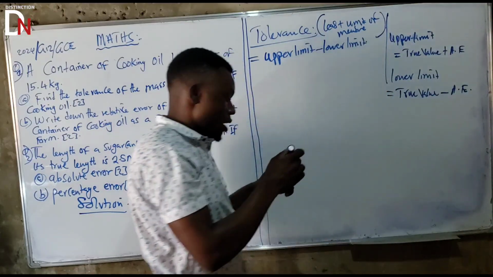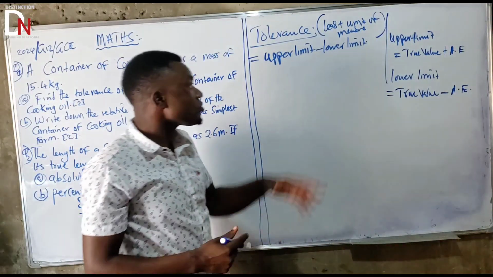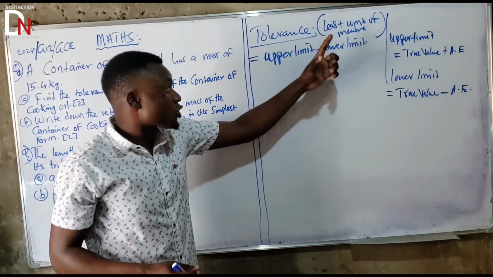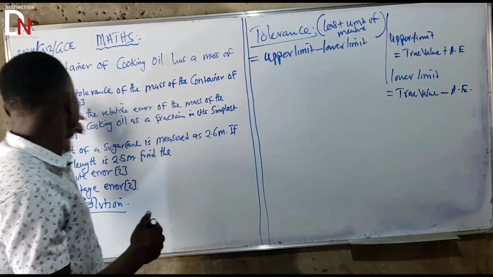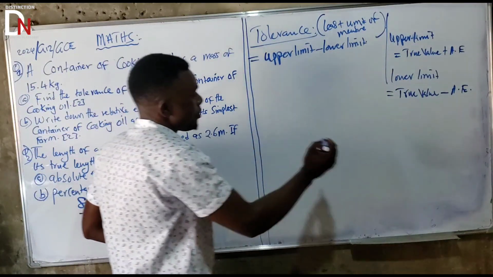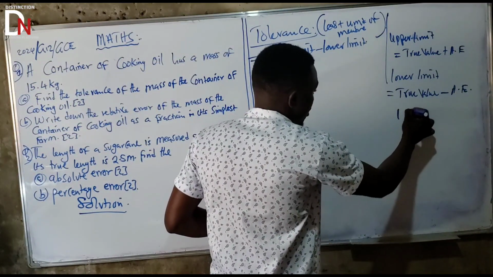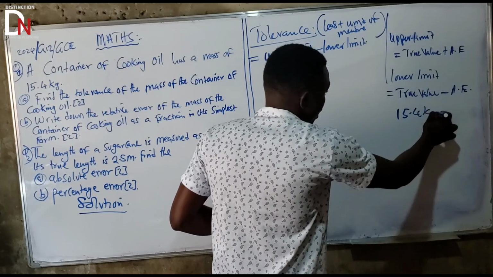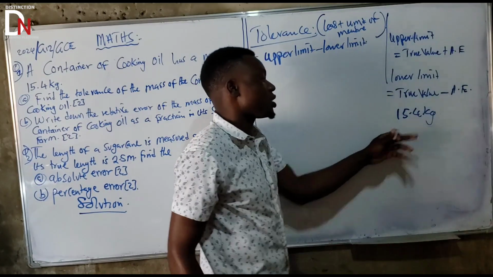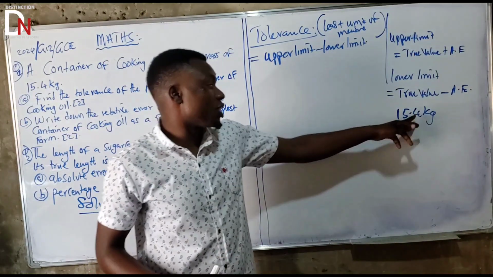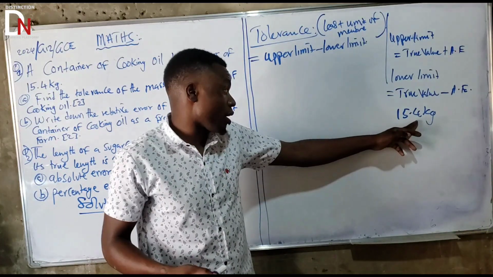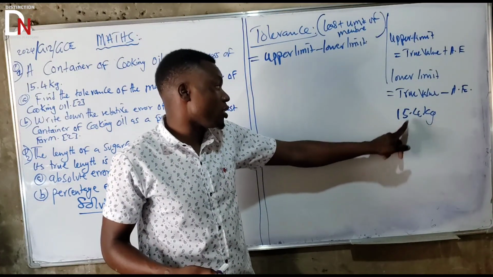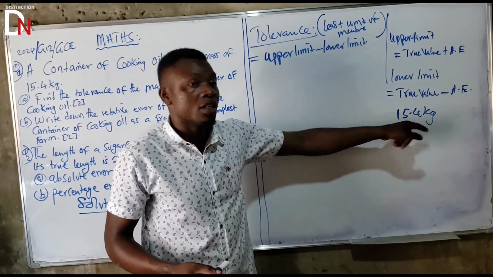So we said the least unit of measure, if you have been given a number, in this case the number we are dealing with is 15.4 kg. Basically this number has one decimal place, the 4.